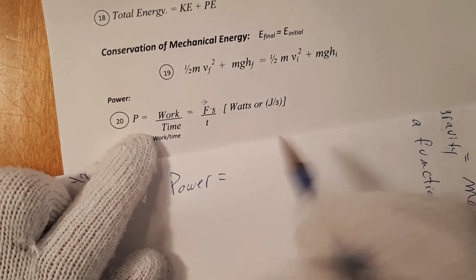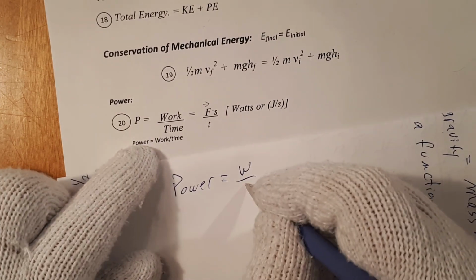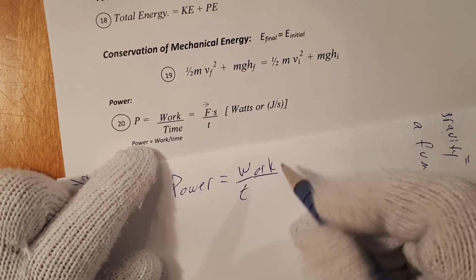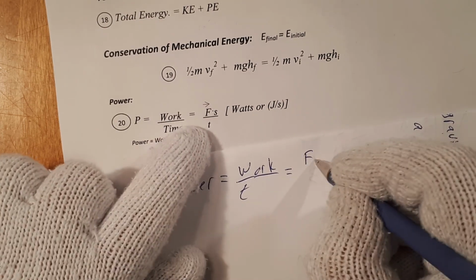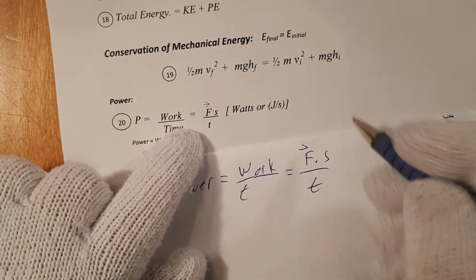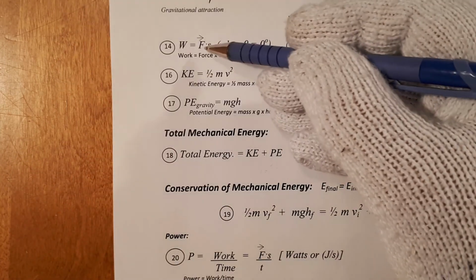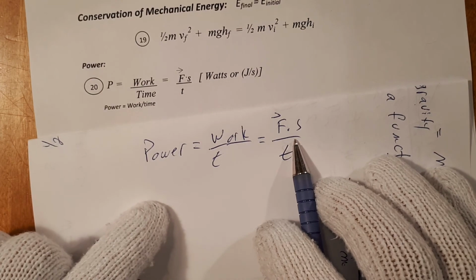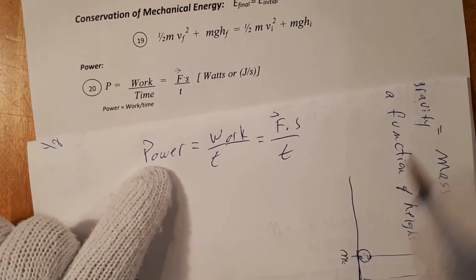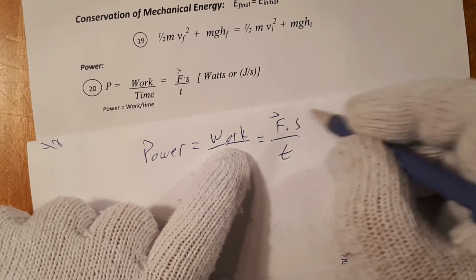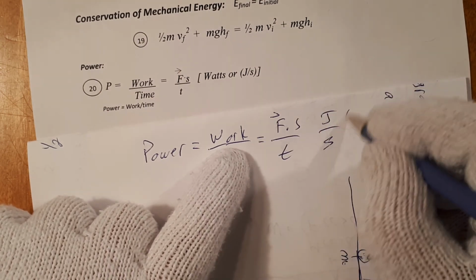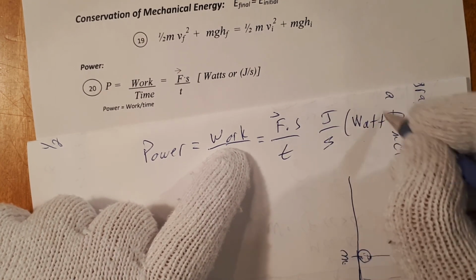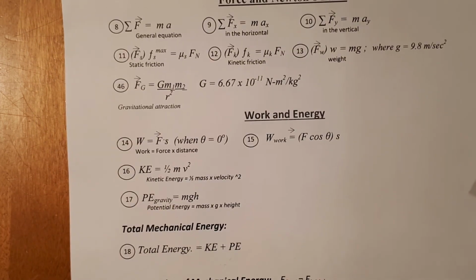And hence the reason we have here, work is divided by time. And the right-hand side of work is force times distance divided by time. And this force is the same as this force here, which represents all of these forces. And it's just a matter of substituting depending on which one we are using at the time. And power, as I said, all work is energy, unit of a Newton times seconds, and that is a watt. And that takes care of our equations for this sheet.